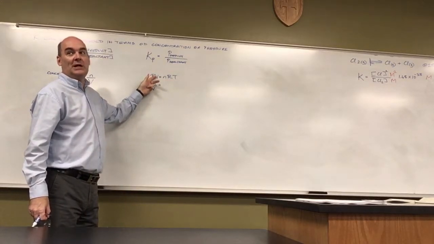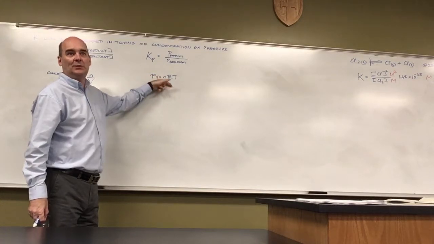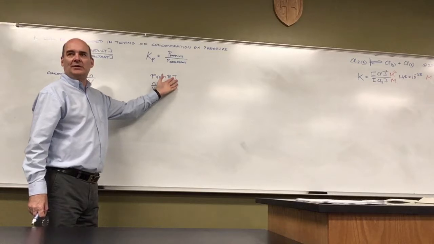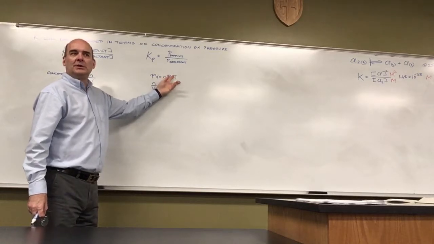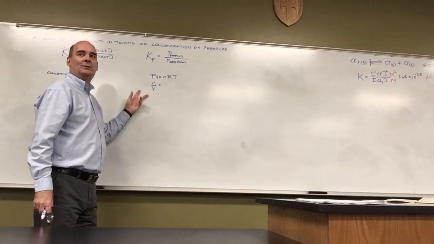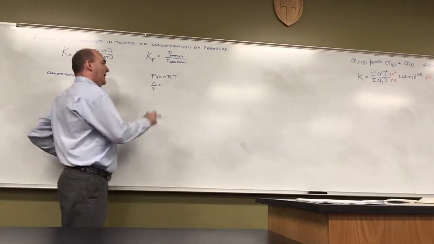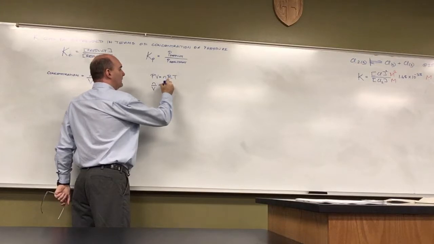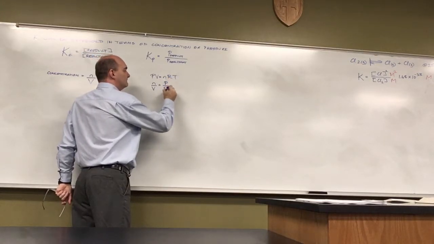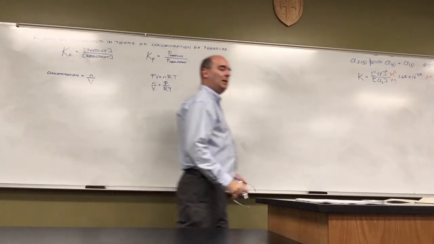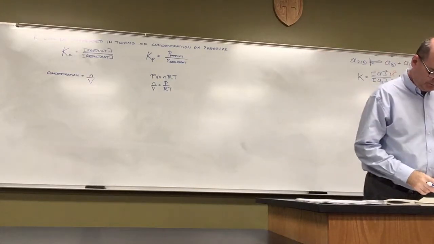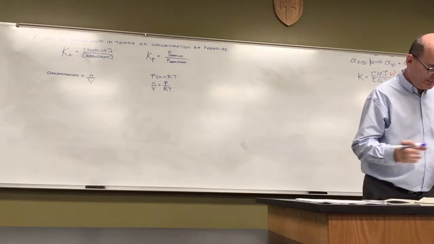It's going to have to cross that equal sign, and when it crosses the equal sign, it will go to the bottom. That's going to leave the RT on this side that I don't want, so I'm going to pull it across the equal sign, and it will descend to the bottom. And n over V, therefore, equals P over RT. And this is in the book somewhere.